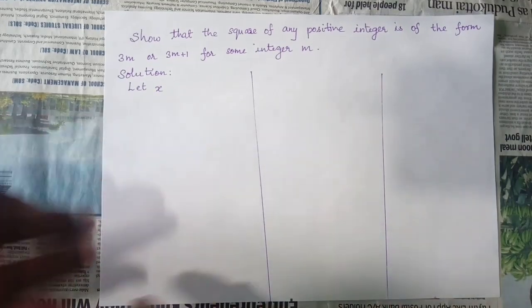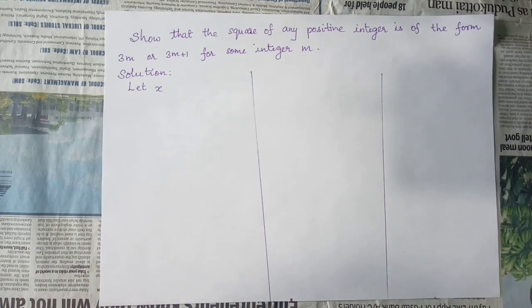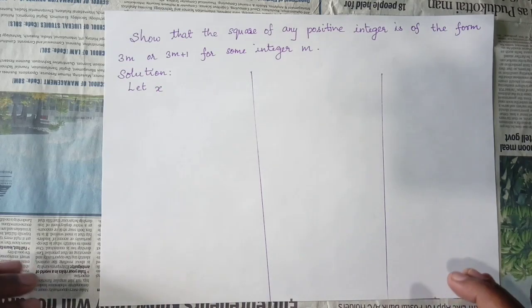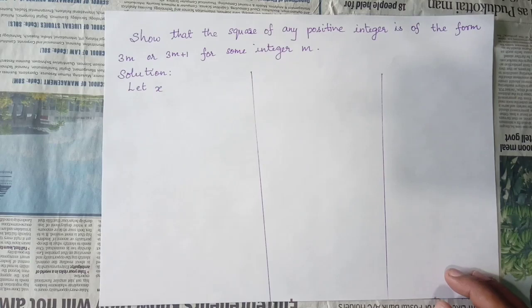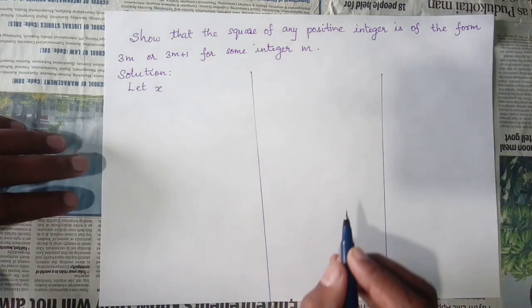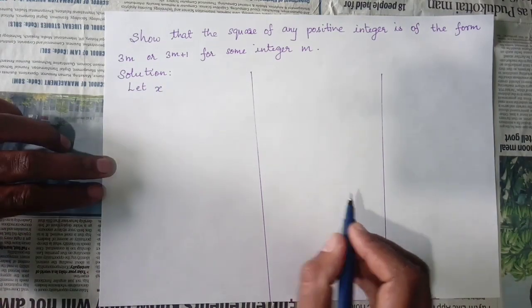A hint is given in the question that we can take x to be any positive integer and it is of the form 3q, 3q plus 1 or 3q plus 2. So we are using that hint and continuing our answer.